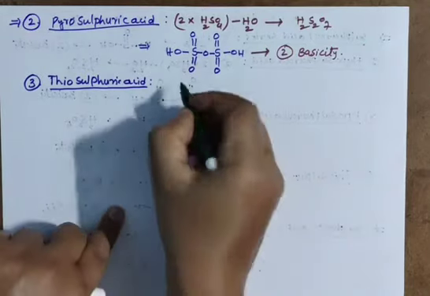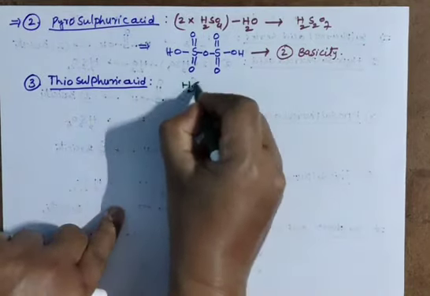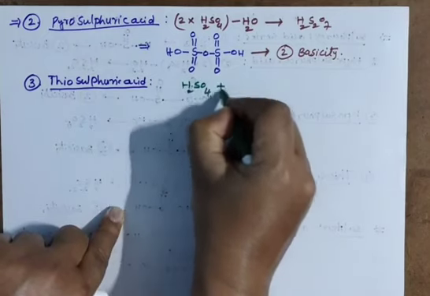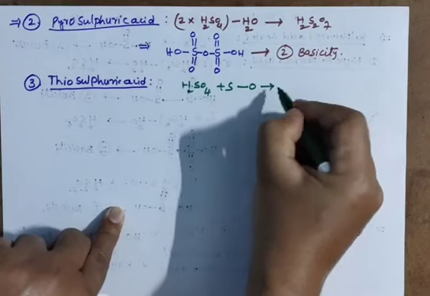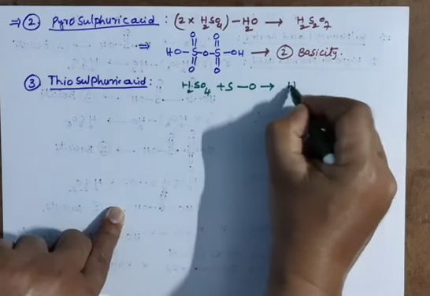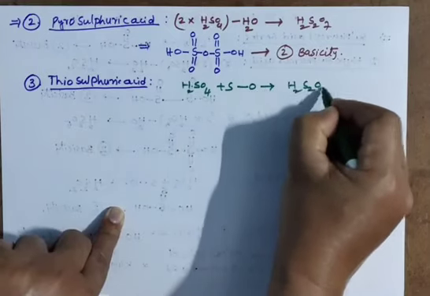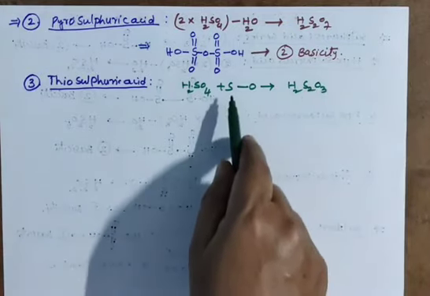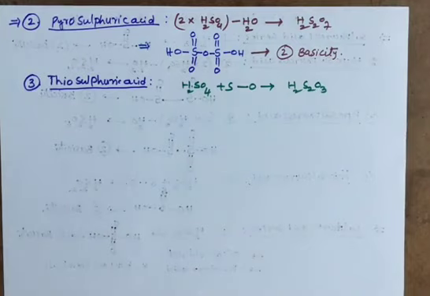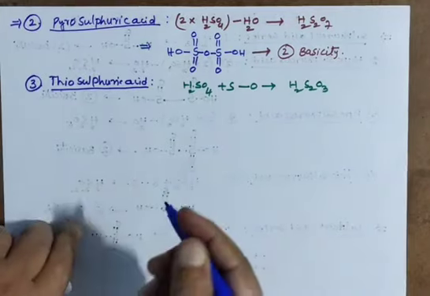Very easy. H2SO4, add one sulfur and subtract one oxygen. Then you are getting H2S2O3. As we did in thiosulfurous acid. Go for structure.